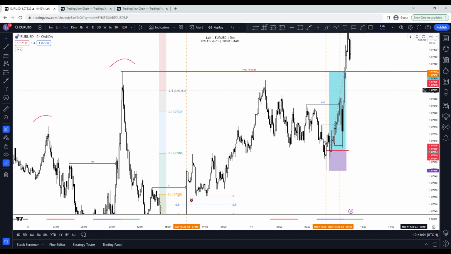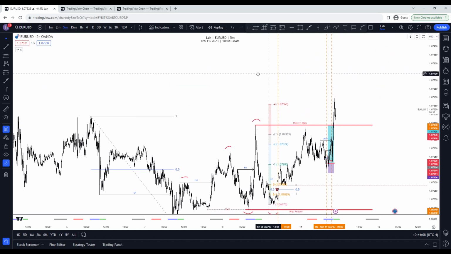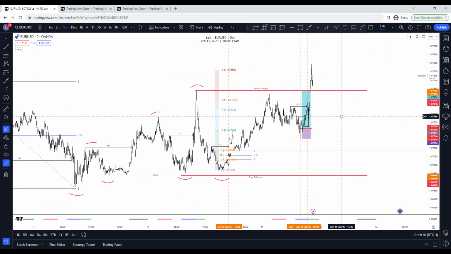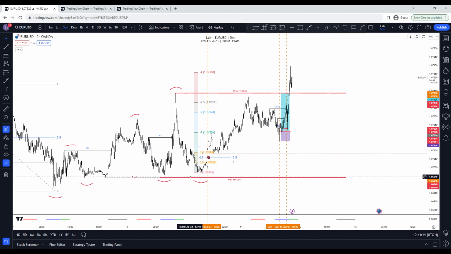I'm not trying to predict whether it will go higher. So holding any runner to the upside, you can do that, that's up to you. In my opinion, right now, price has caused a new high, but on an hourly range, I don't see this as a new low, because this is just internal within this internal range.